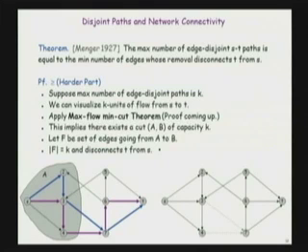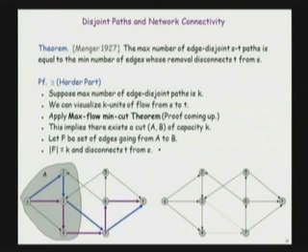And we're going to prove today something called the max flow min cut theorem, which says that the maximum flow you can get in a network is equal to the minimum value of the cut. Now, what is the cut here?